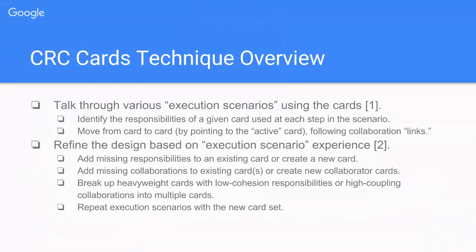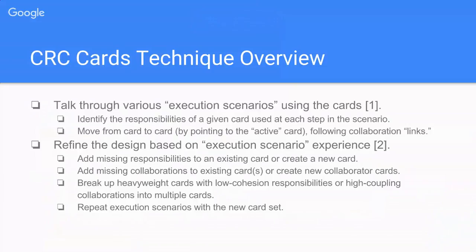You start with a card and you identify the responsibility of that card that you're invoking in the execution scenario, and then as you go through that scenario step by step, you'll follow the collaboration links and move from one card to another. And you can denote which card is the active card for the current execution step by pointing to it or physically picking it up.